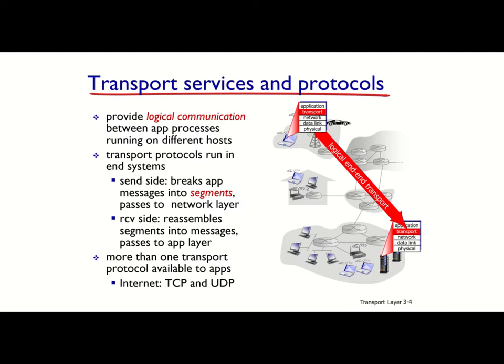As an introduction to transport services, we can think of the transport layer as a tool to provide logical communication between app processes running on different hosts. So, in summary, you can think of a transport service as logical end-to-end communication between processes running on hosts all over the world.